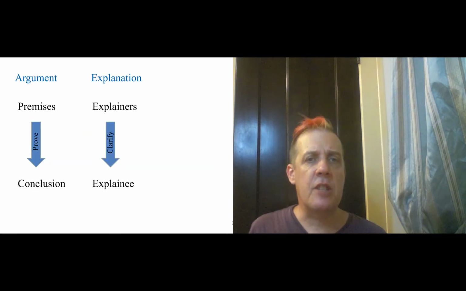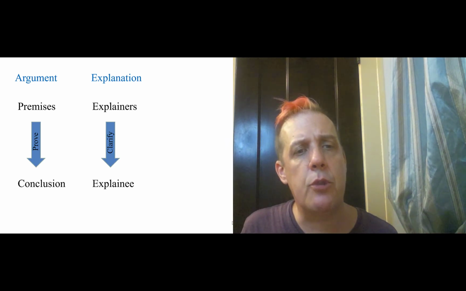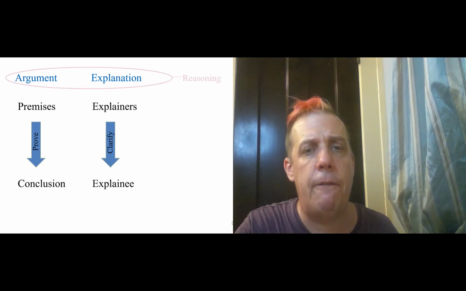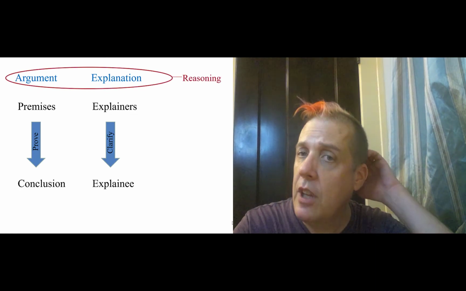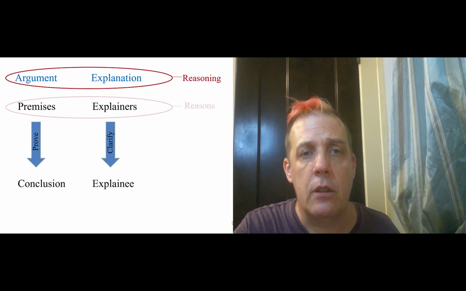So arguments and explanations have similar structures. An argument has premises which prove a conclusion. And explanations have explainers which clarify an explainee. So the general term for what's going on is reasoning.